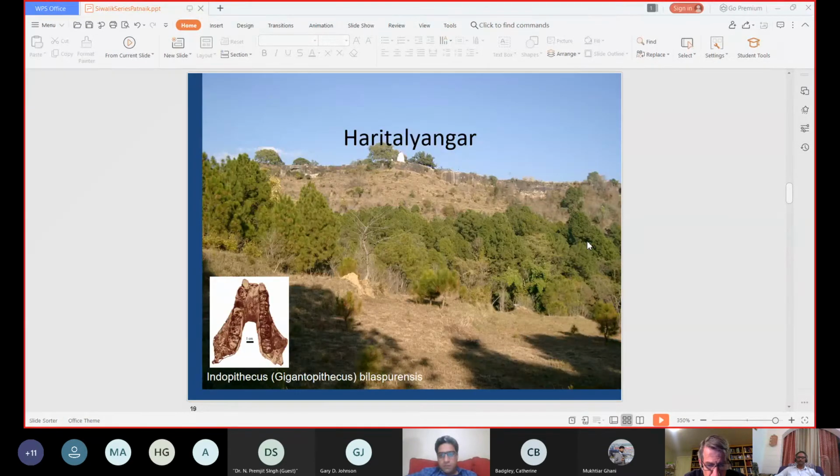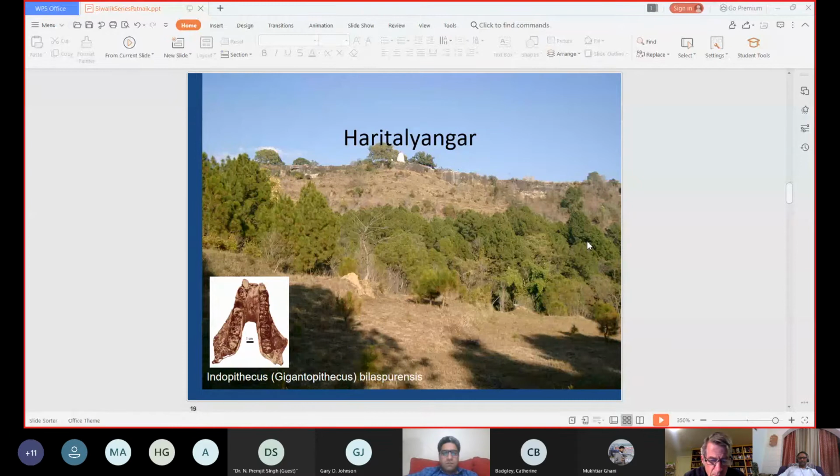Then we move on to another very important and interesting site, Haritalangar, where Gary started his research, in the sense that he dated this way back in the mid-80s, and it is a classic section, not only sedimentology-wise but paleontologically, because we have several forms, like the famous Gigantopithecus, also known as Indopithecus, because it has been shown to be a little different from the Gigantopithecus of Pleistocene age.